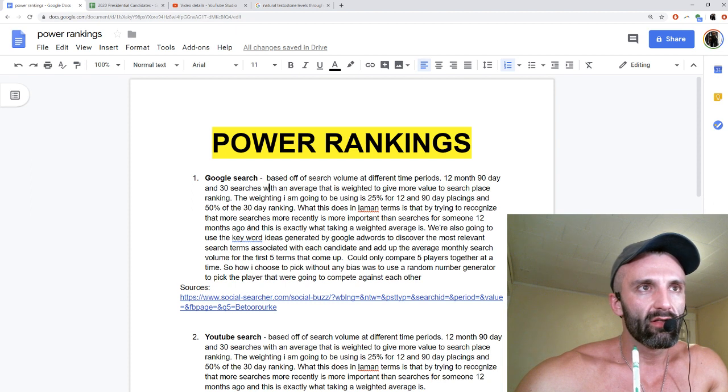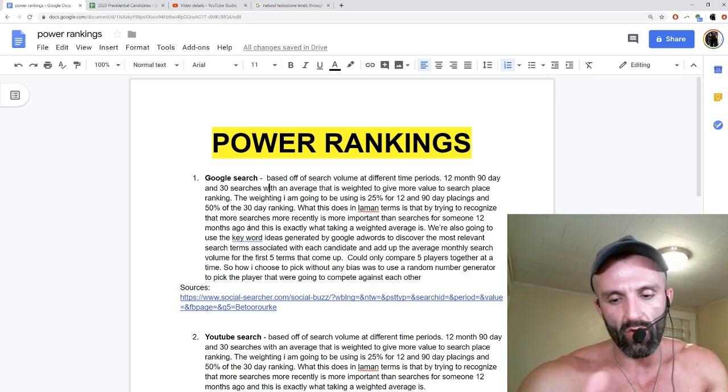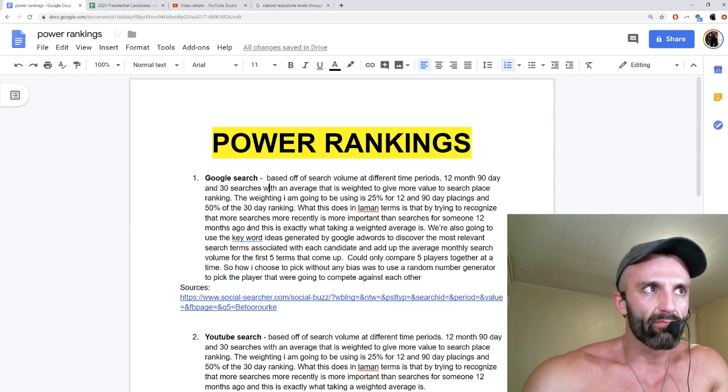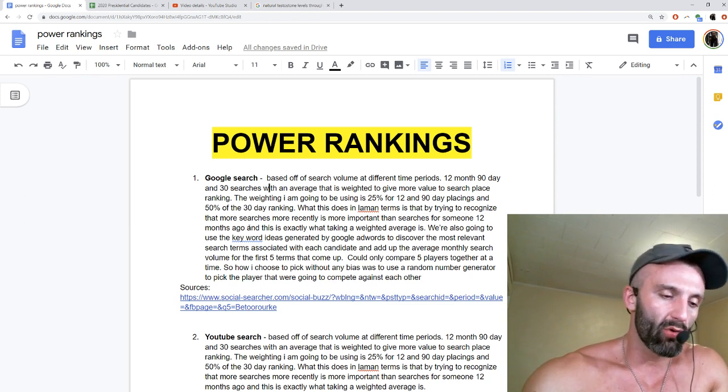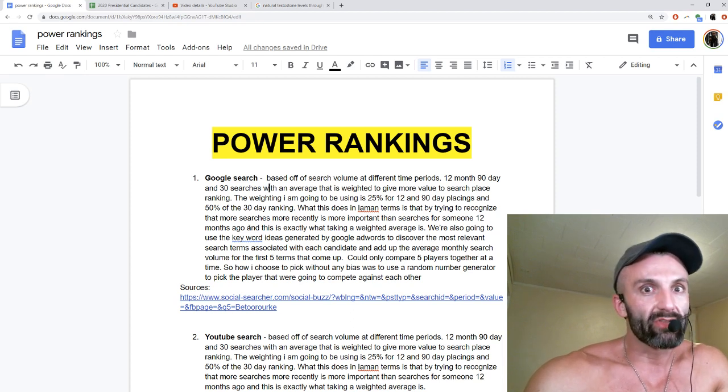And theirs is generally based off of some expert's opinion about what is going on, and they will draw that from their experiences as well as they'll use polling data. And polling data is the other way that power rankings are created. However, where we're a little bit different is we're going to take a look at the actual data.